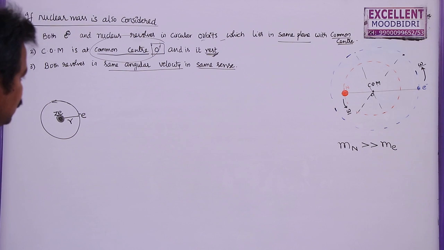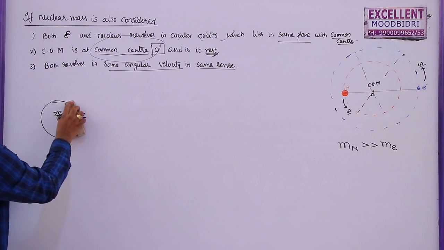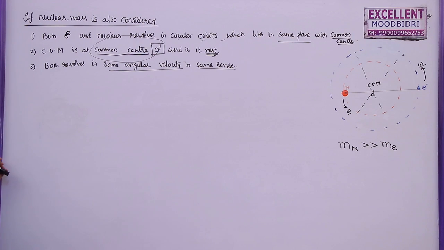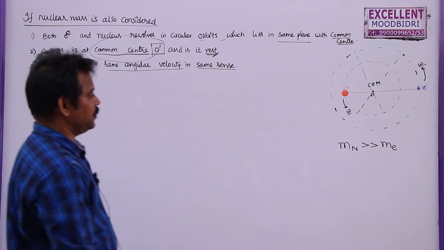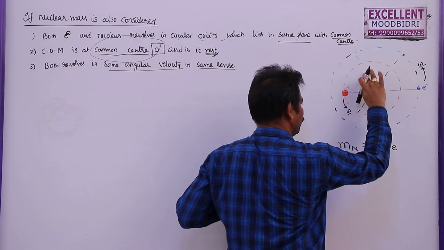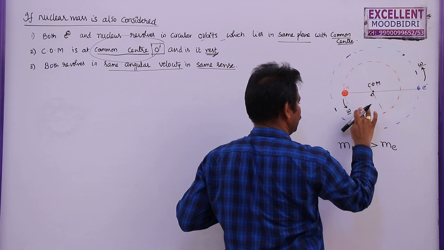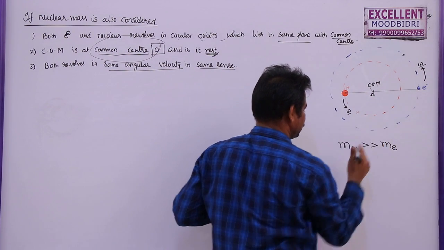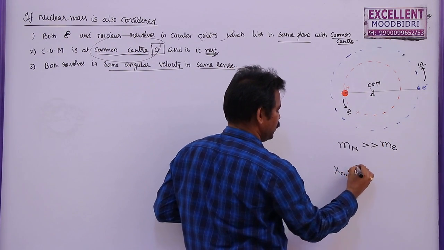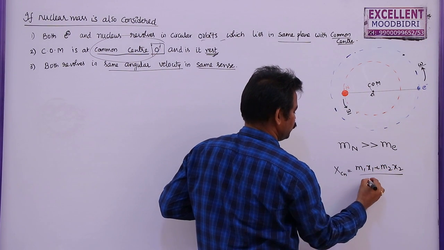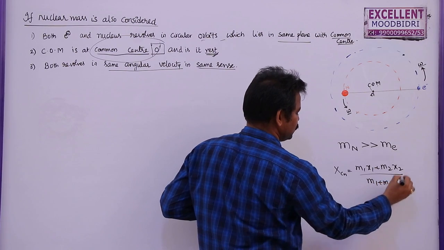Now from this I am going to find out the radius of the orbit of the electron and the radius of the orbit of the nucleus. For this I am going to use the center of mass formula, which is xcm equal to m1x1 plus m2x2 by m1 plus m2.